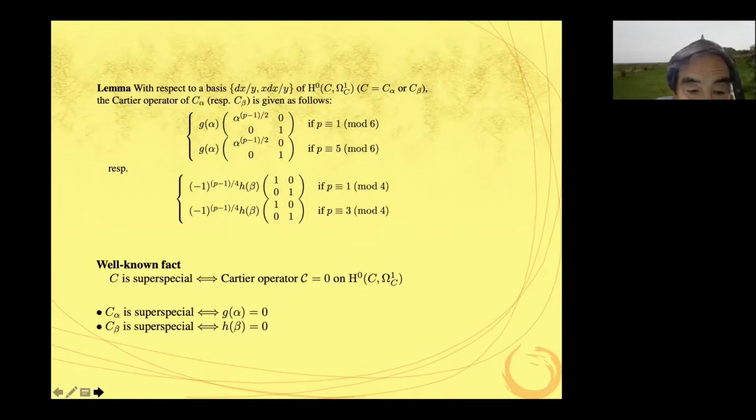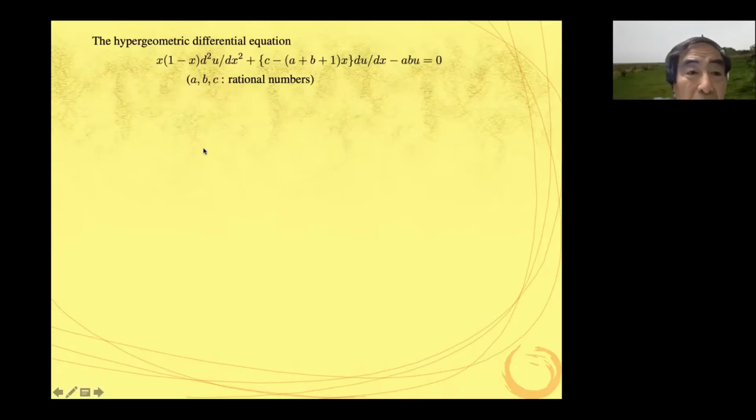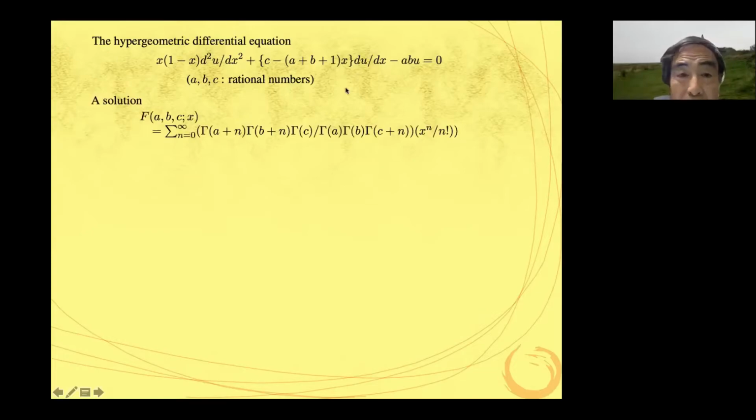And so now we need to check whether these two polynomials have a multiple root or not. For this purpose, we introduce the hypergeometric differential equation. First, we consider this one over a field of characteristic 0, and it is well known that this hypergeometric differential equation has such a solution.